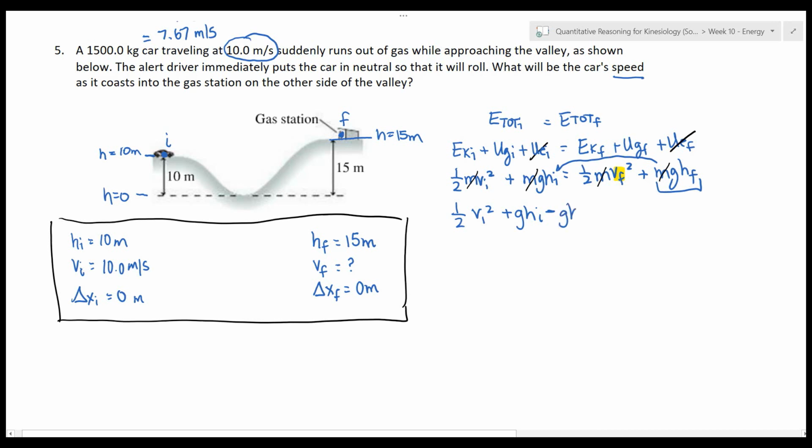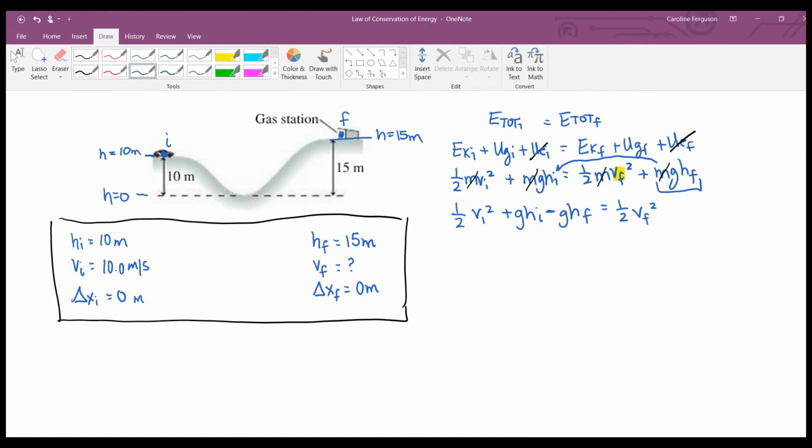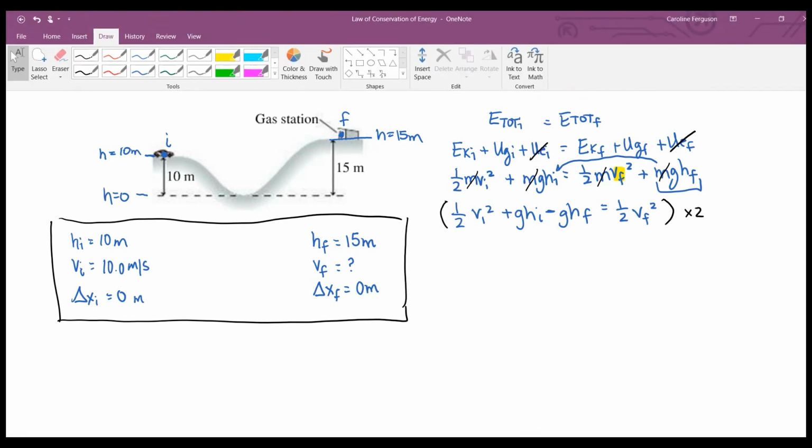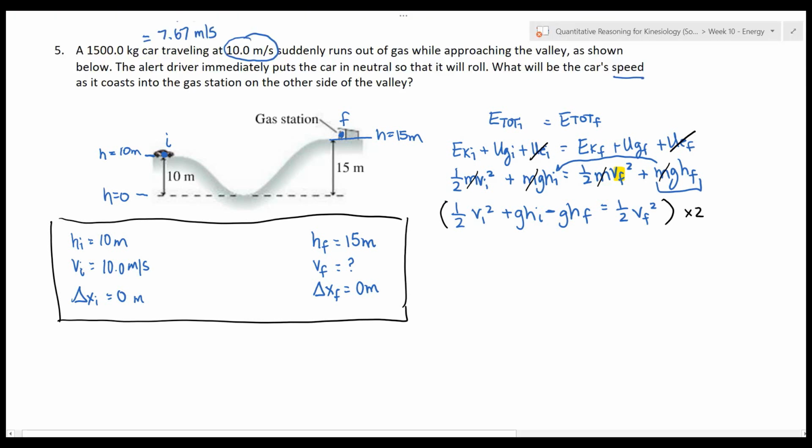Minus gh final is equal to 1/2 V final squared. A lot of people don't like seeing halves everywhere, so what you can do is multiply the whole equation by 2. You don't have to do this if you don't want to, but by multiplying by 2, we're getting rid of all these halves.